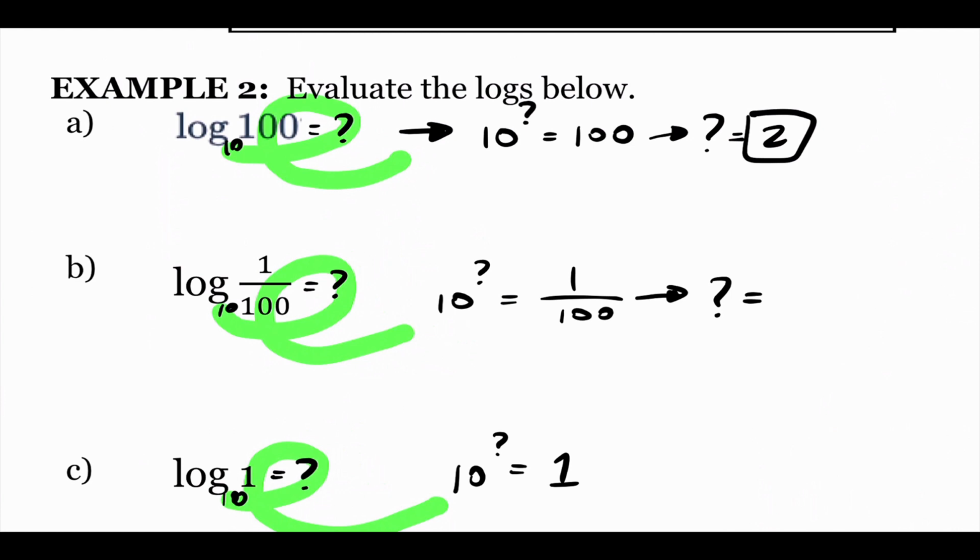Negative 2. And 10 to what power makes 1 whole? 0. Yep. Anything to the 0 power is going to give you a 1 whole. Okay, so log of 1 is always going to be 0.